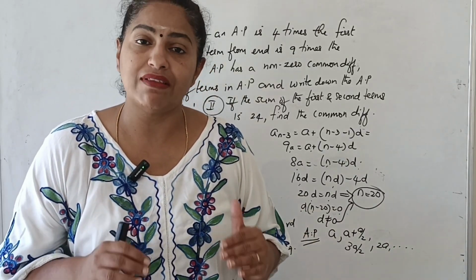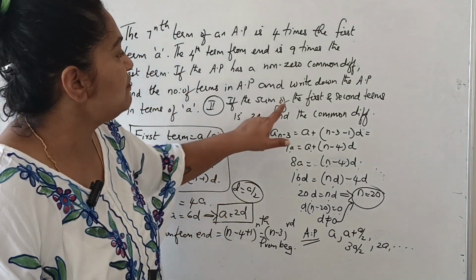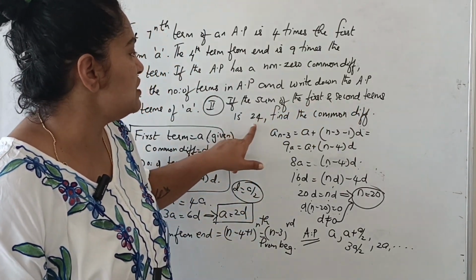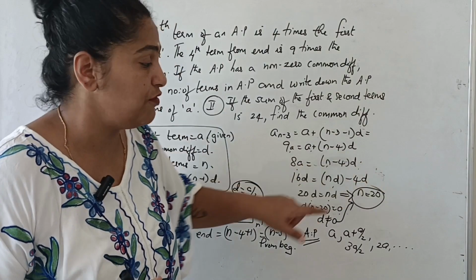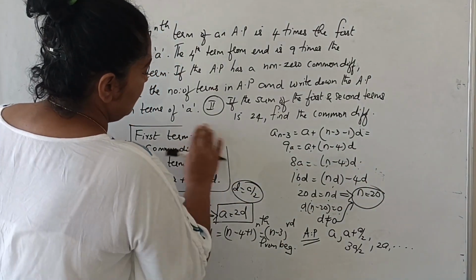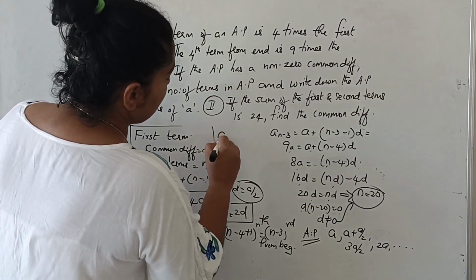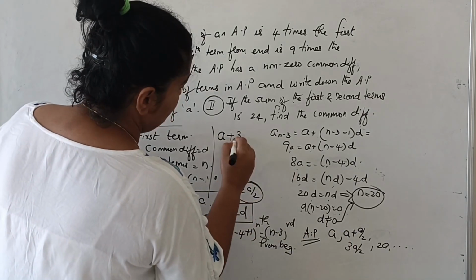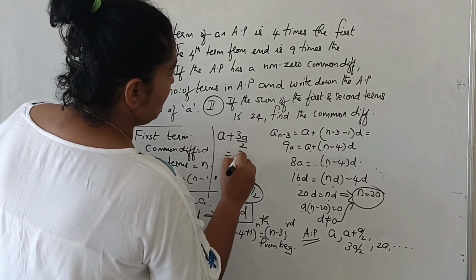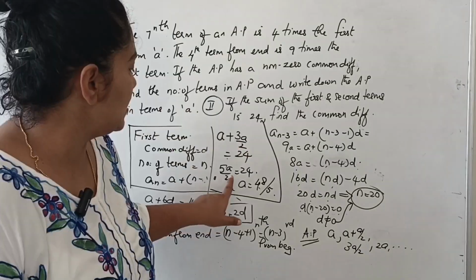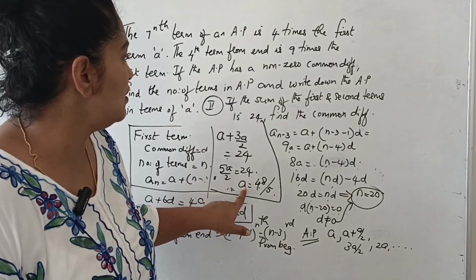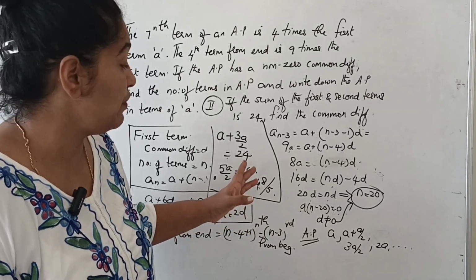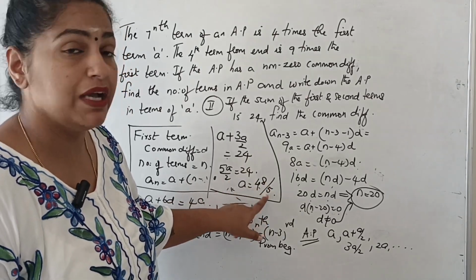Now let us move on to the second part, which says if the sum of the first and the second terms is 24, find the common difference. So you know that the first term is a and the second term is a by 2. No, the second term is 3a by 2. This is equal to 24. So you will get 5a by 2 is 24, giving the value of a as 48 by 5.